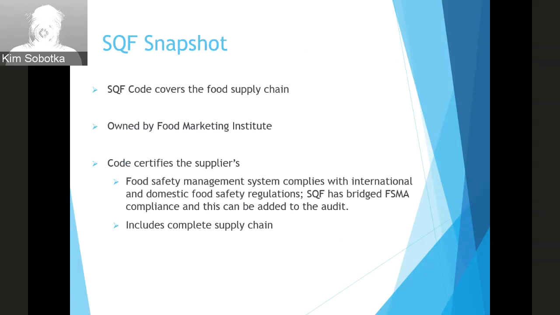A lot of the companies in Utah that are either in the process of getting SQF certified or are already certified can talk to their certification body about having a half day added to have the FSMA requirements aligned with your SQF system so that you're in compliance both with SQF and FDA. And it does include the entire supply chain.